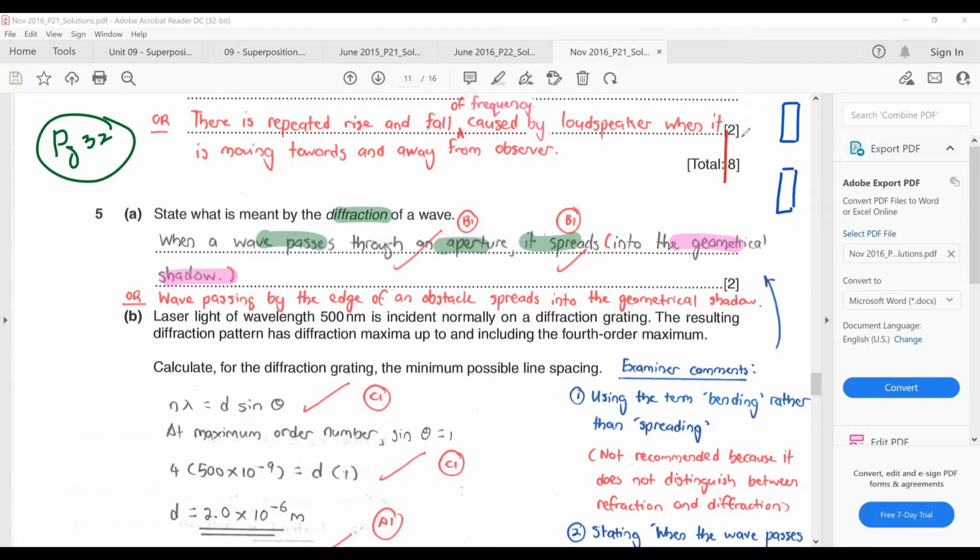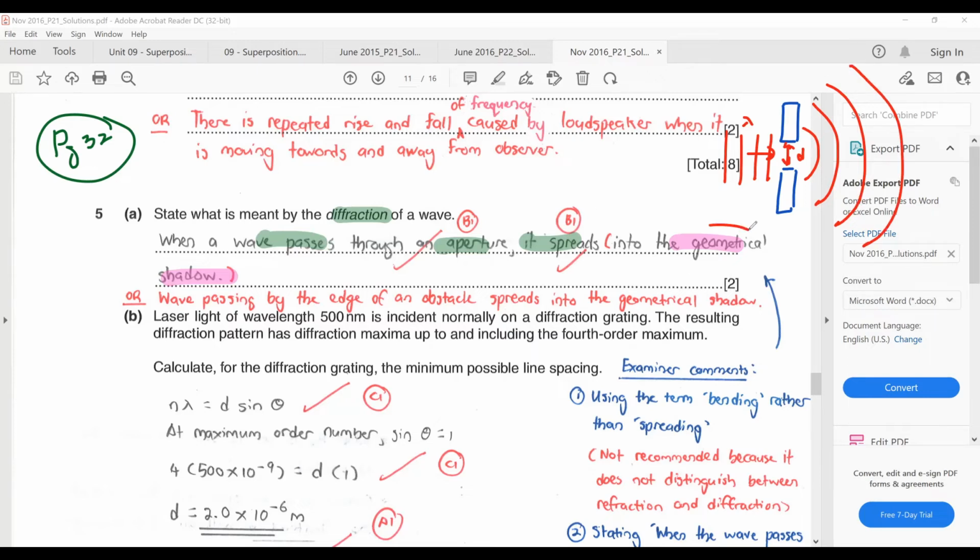I have a wave that is moving towards that aperture or slit. Provided that the gap and the wavelength are comparable, the wave will spread like this. Significant diffraction will look like this.